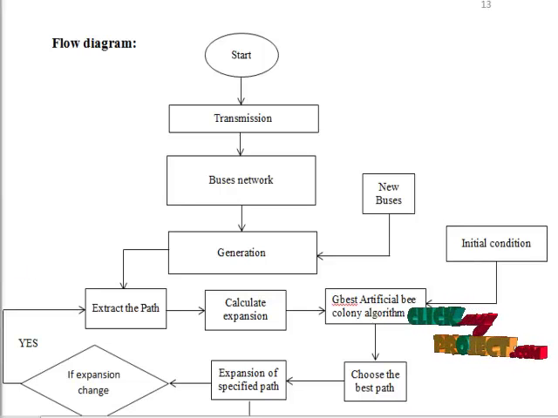A common approach to tackle the problem is to use the DC model formulation for the power flow equations. Transmission network expansion planning is an important part of power system planning in both conventional and new structured power markets.